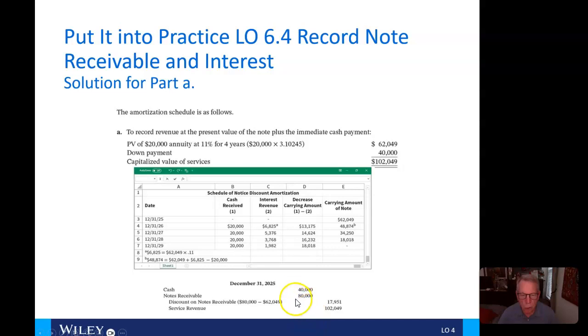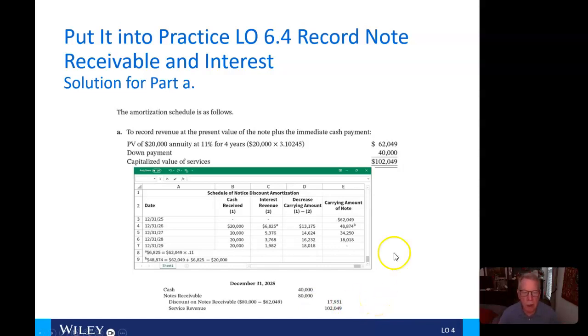So here's our cash, 40,000. Here's the note receivable for 80,000. And then the discount is going to be 17,951, which will be the difference between 102,049 and 120,000 here.